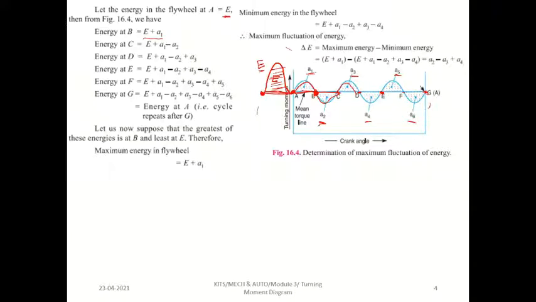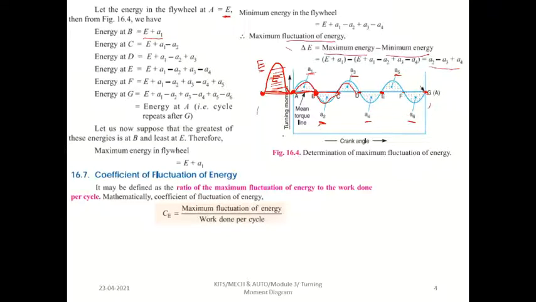Minimum energy will be at point E. So we have to find out the fluctuation of energy. Fluctuation of energy means maximum energy minus minimum energy. If you subtract both, you will get A2 minus A3 plus A4. So this is the fluctuation of energy.